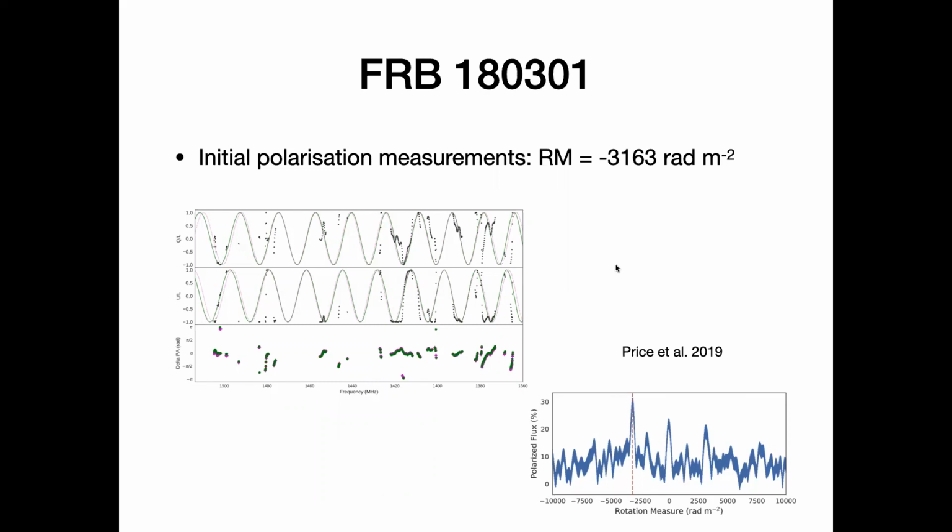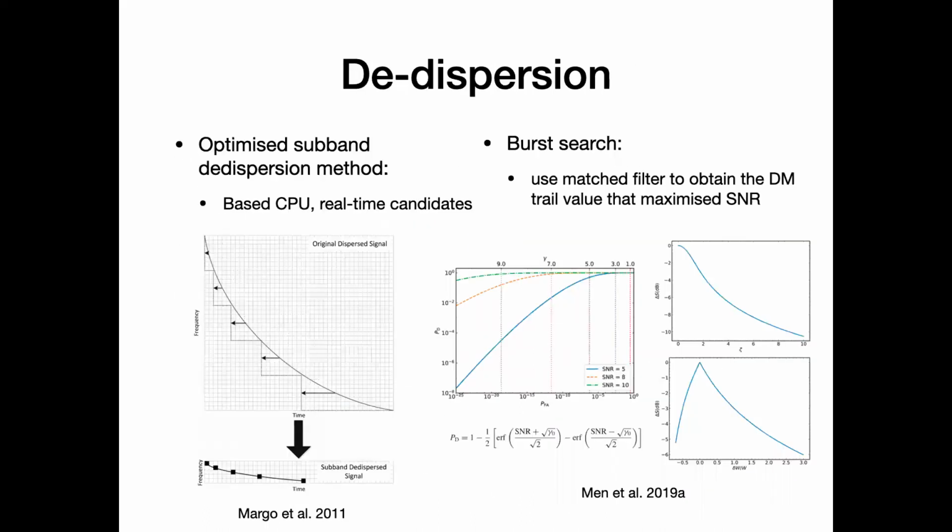Even though we didn't discuss the comparison of RM values from different papers a lot, we have to say our RM value is more convincing, because with FAST we have a very good signal-to-noise ratio detection.